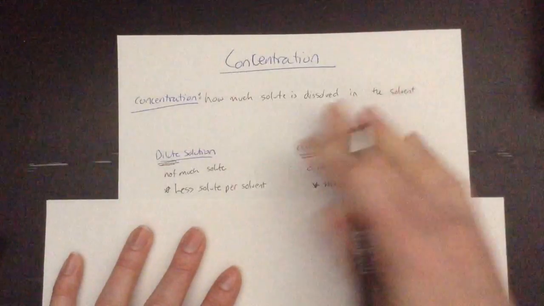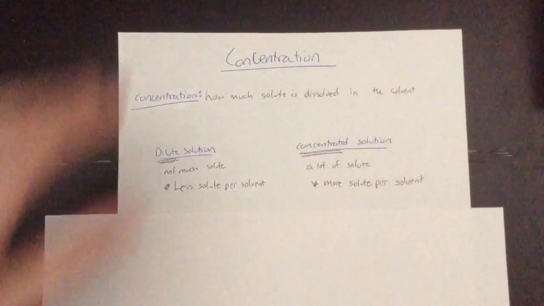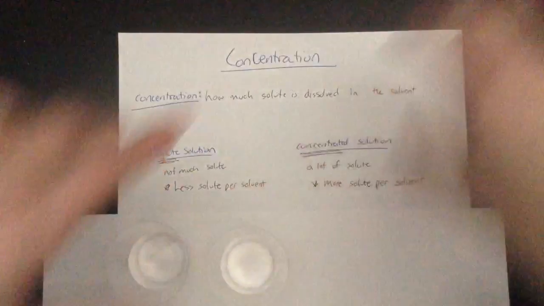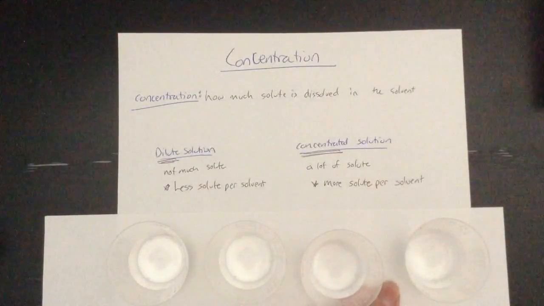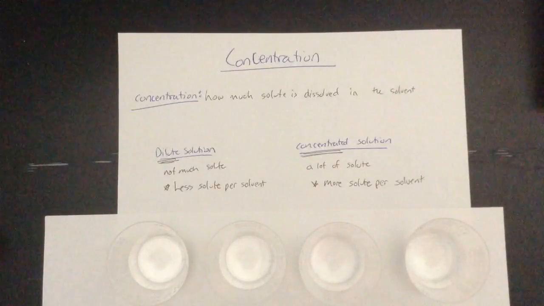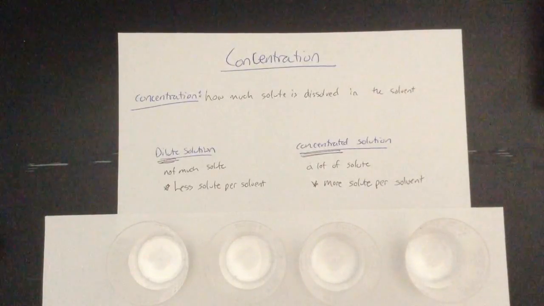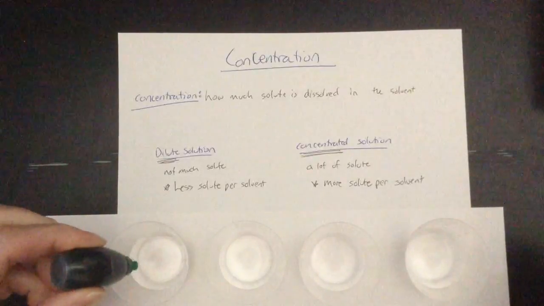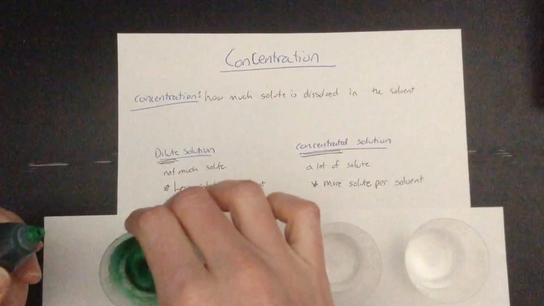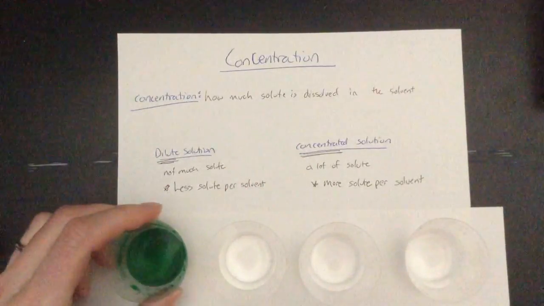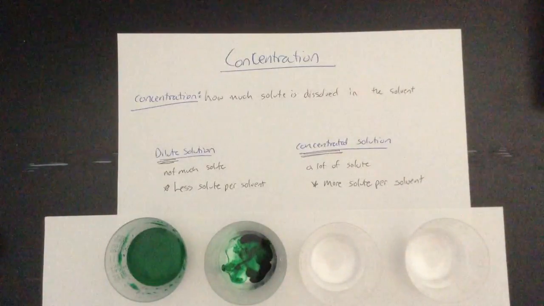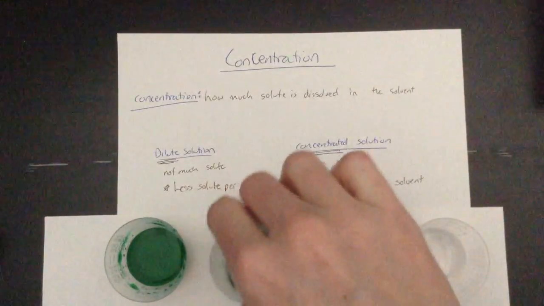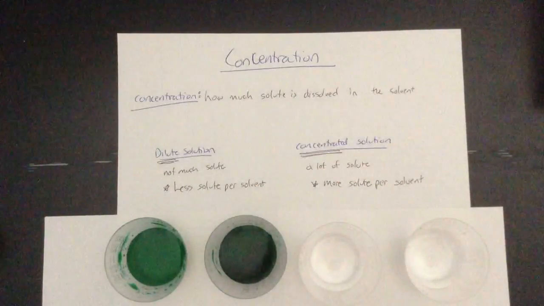Okay, so let's take a look at some solutions here. I have here 4 little cups of water. They all have the same amount of water. So we're going to start with a dilute solution here on the left. And I'm going to swirl it around. Actually that looks pretty concentrated, but you'll see that as I add 2 drops to this one, I didn't bring anything to start with in here, it's darker.